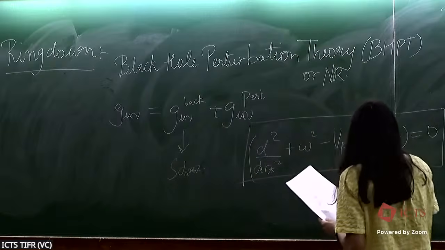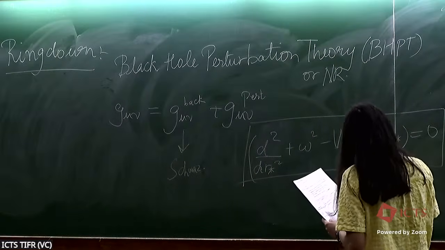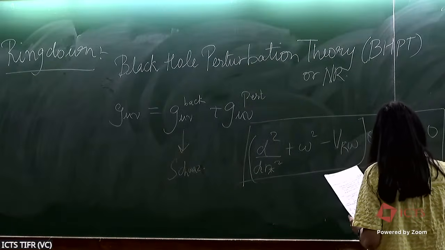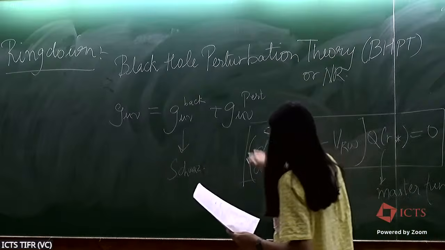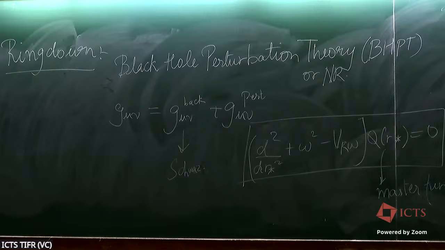This is the master equation corresponding to this perturbation. This is the master function. And if we calculate this master function, we should be able to obtain the perturbed metric or the perturbations corresponding to the metric.